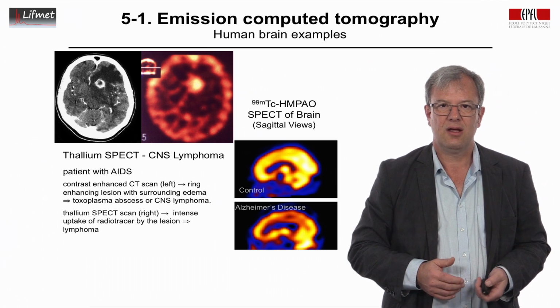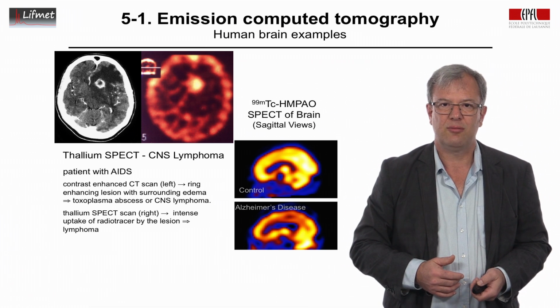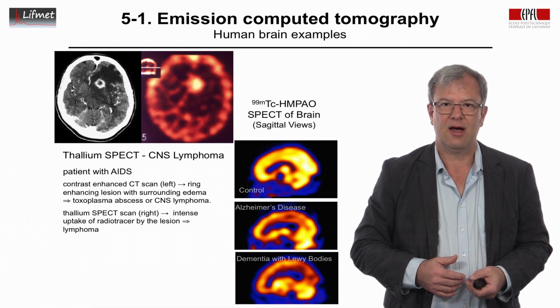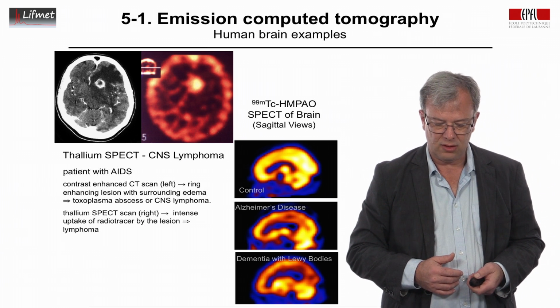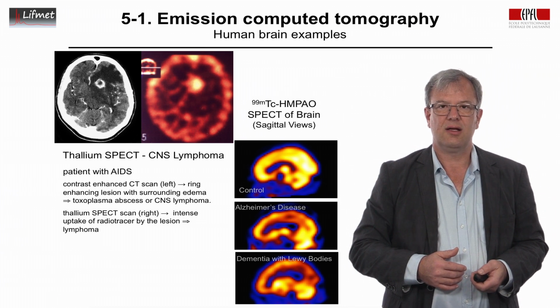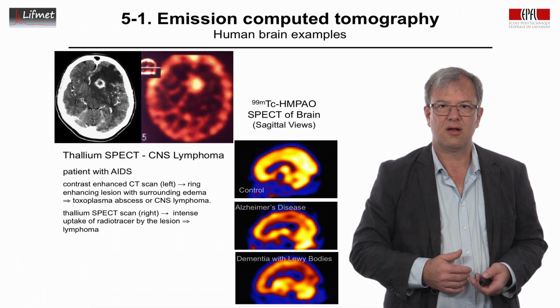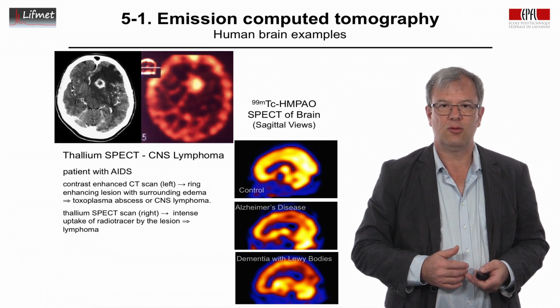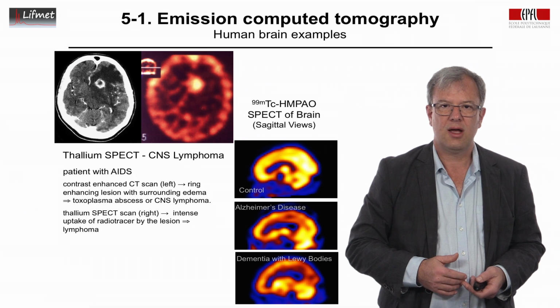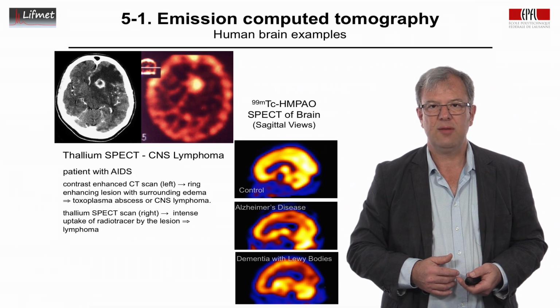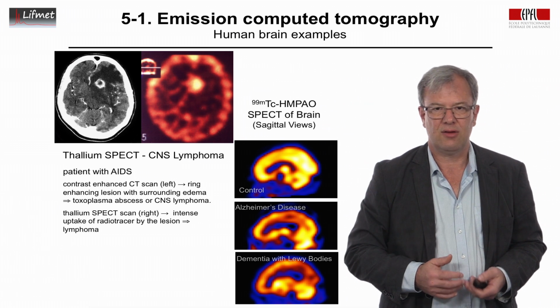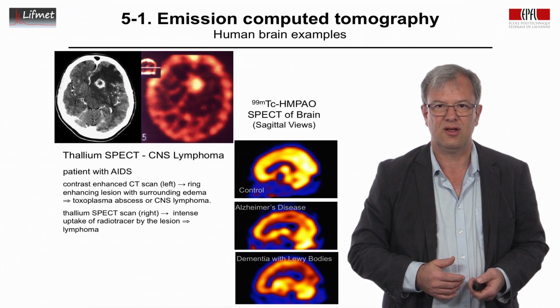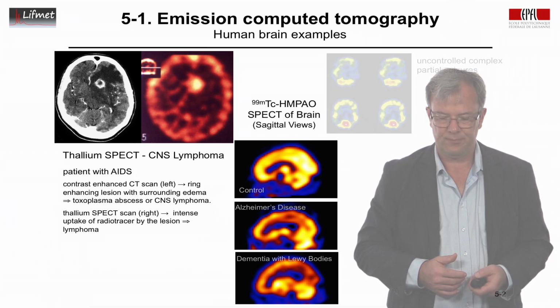This is showing the degeneration of the brain tissue, and we have now the scan from a dementia with Lewy bodies, also showing clearly a reduced uptake. The color code here goes from yellow to blue, high to low, and this is a dementia with Lewy bodies. Do you know a dementia with Lewy bodies? Well, one example is Parkinson's disease is a Lewy body disease.